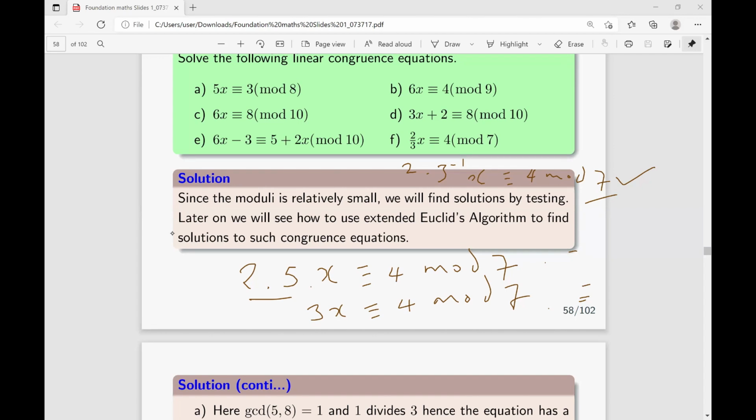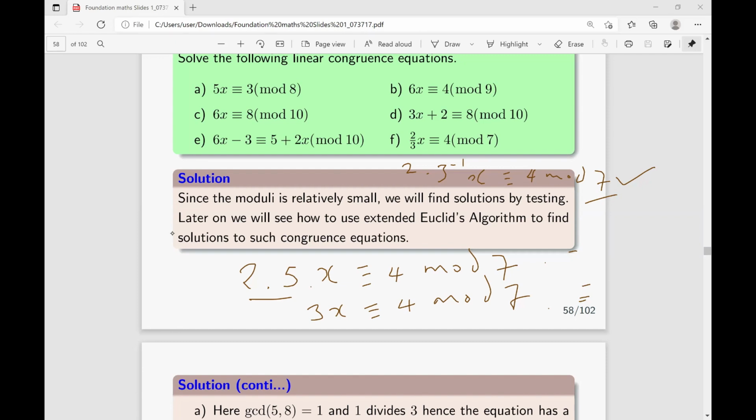Now use the trial that we've been using. You try 0, you try 1, it refuses. You try 2, that will give you 6. You try 3, that will give you 2. You try 4, 4 times 3 is 12, mod 7 that is 5.